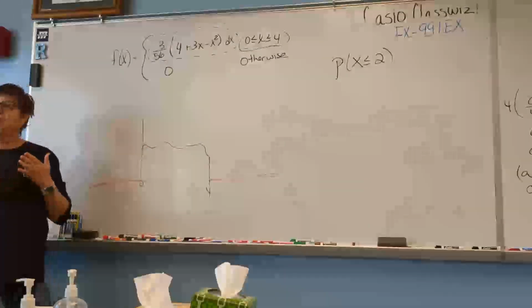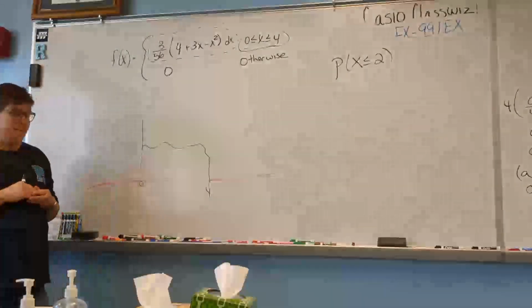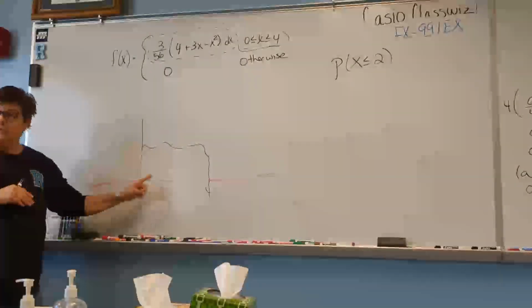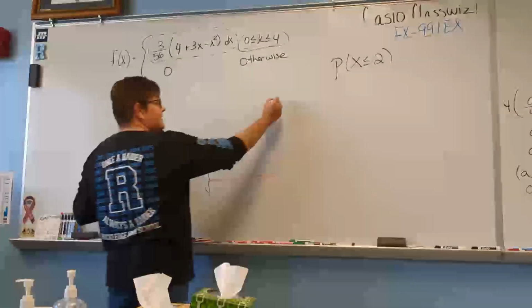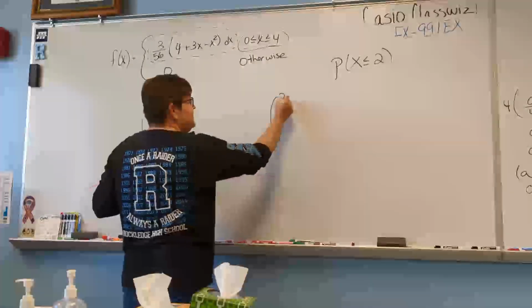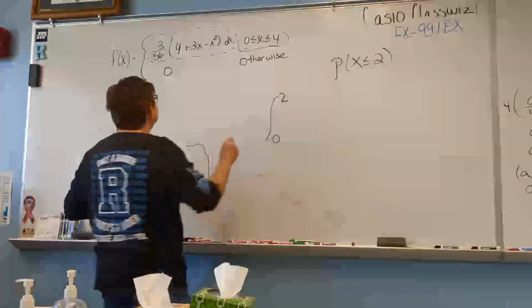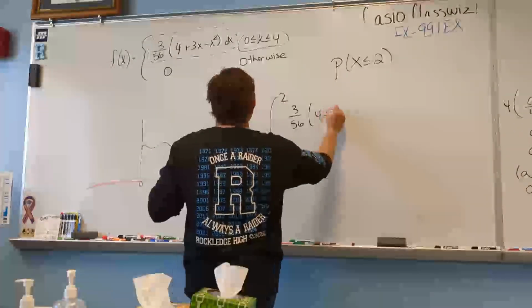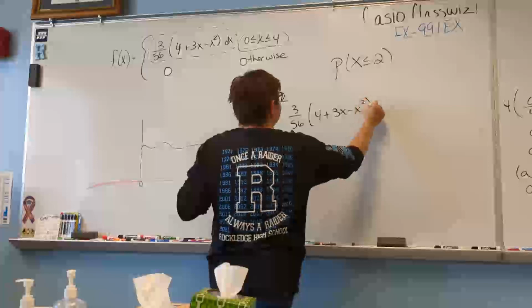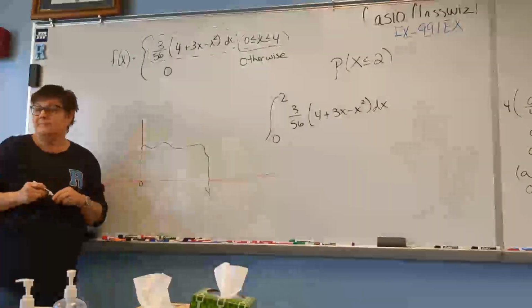So the bounds are 0 to 2. I'm going to take the integral from 0 to 2 of my function, 3 over 56 times (4 plus 3x minus x squared) dx, and I'm going to do good old-fashioned integration.